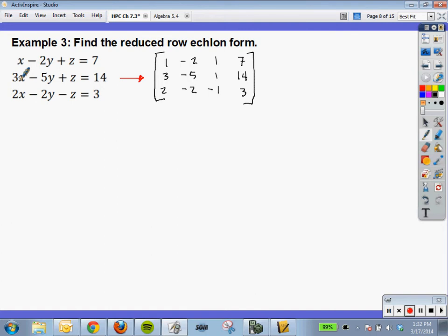That's okay. So now what we want to do is we want to go for a 0 below the 1. So I want to add a couple rows together and try and eliminate that first spot.